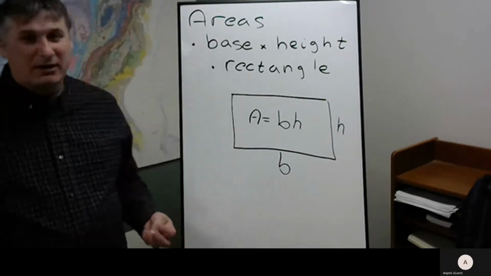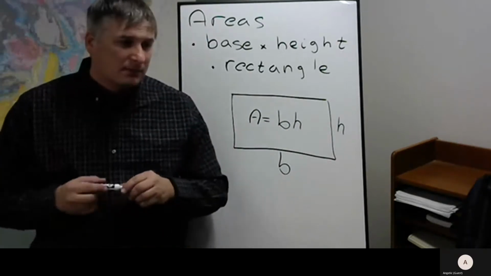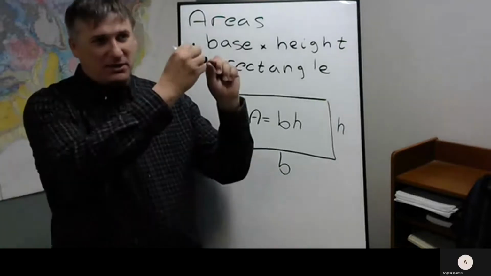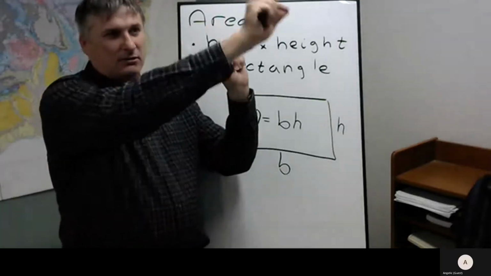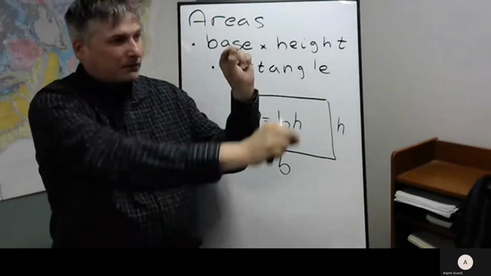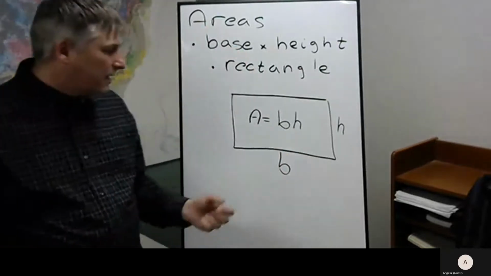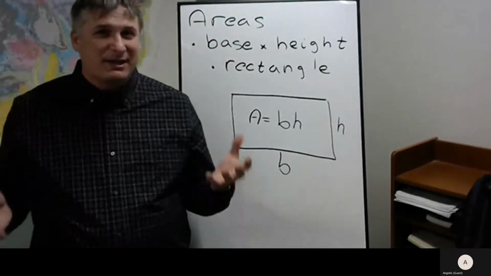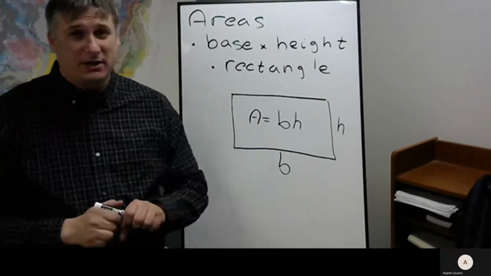I do want to talk a little bit about area. What is it? Well, perimeter is sort of the distance around, or on the border of, a shape. Area is the space inside a 2D shape.